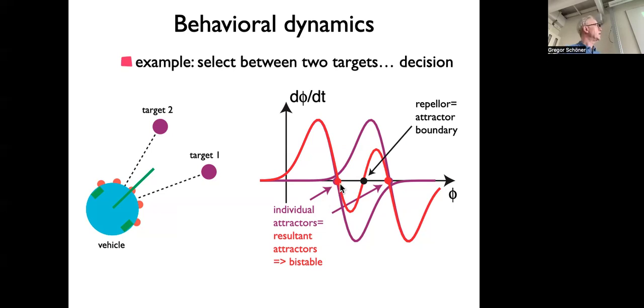That is, the attractor here is the attractor that would be valid if I had only one of those two contributions, and this one is the attractor which would be valid if I only had the other one. So that would be the idea, that if the constraints are sufficiently separate along the behavioral axis, they will be independent of each other. And so then only one force is effective in reality.